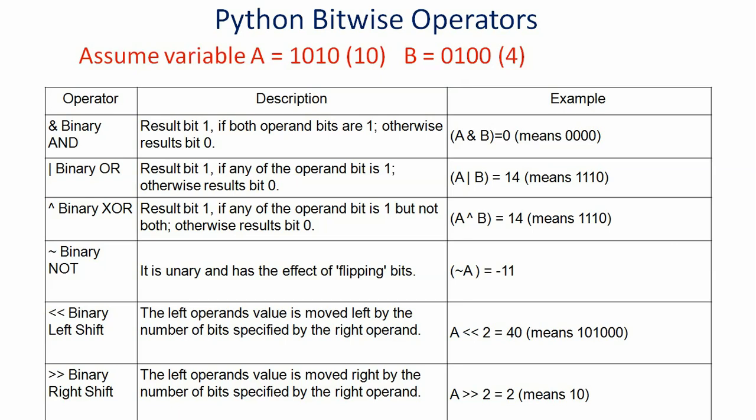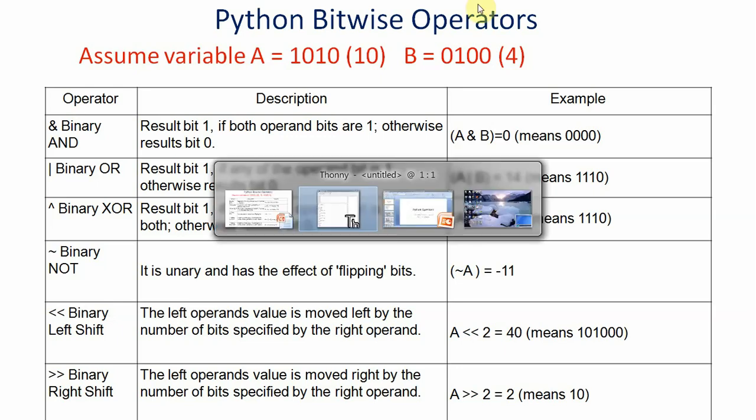Binary right shift, the left operand value is moved right by the number of bits specified by the right operand. A right shift 2 will give us 2. Now the original value of A will not be changed by the binary left shift or binary right shift operation. We will perform it in Python.